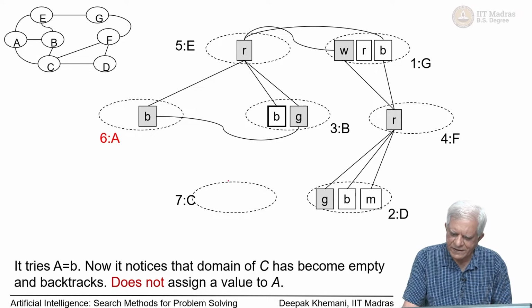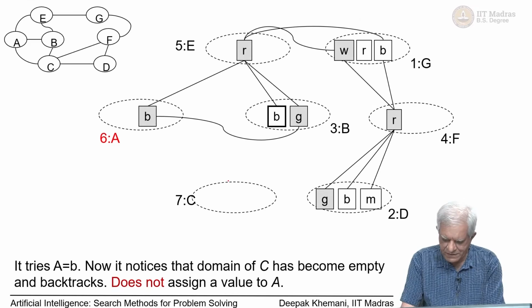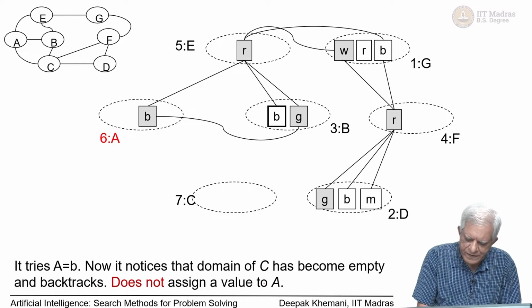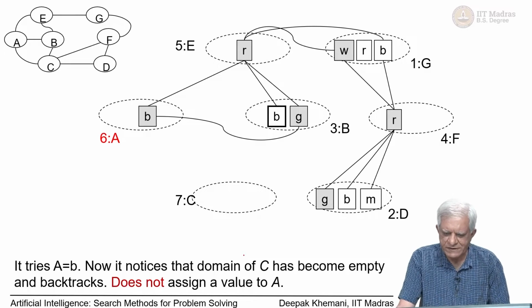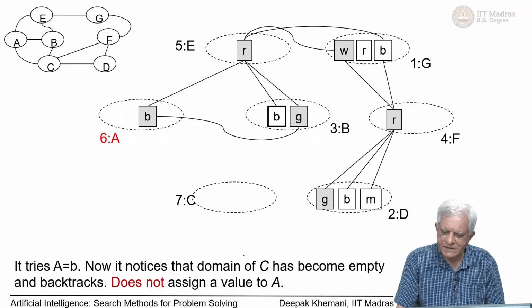So, it will backtrack. Where can it backtrack to? It does not assign a value for A, and it will have to backtrack from here essentially. So, whatever the values were, maybe for variable D, it will try something or something like that and proceed in this fashion.